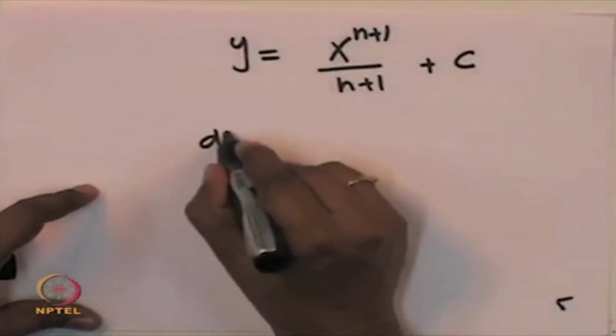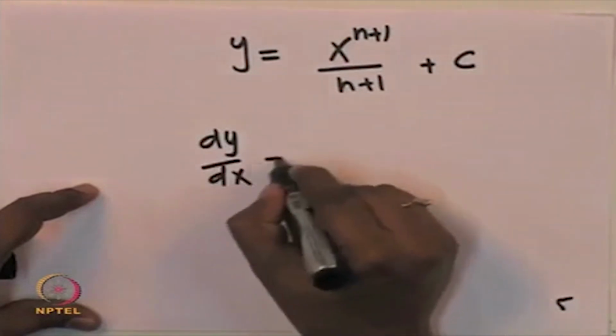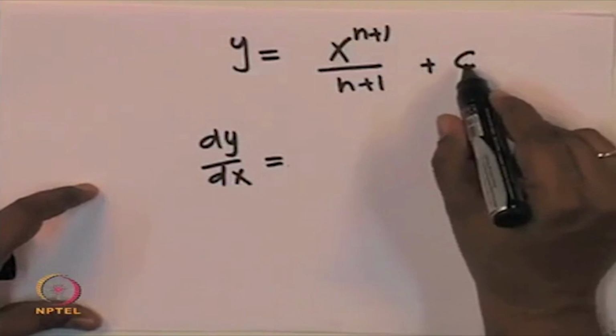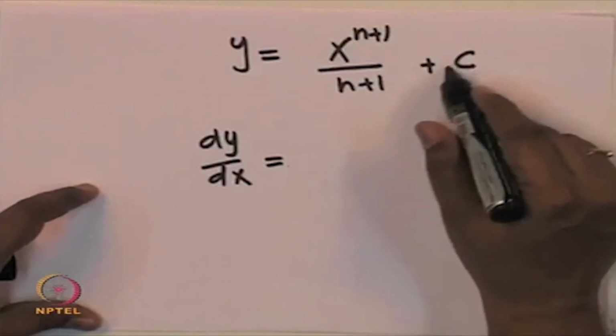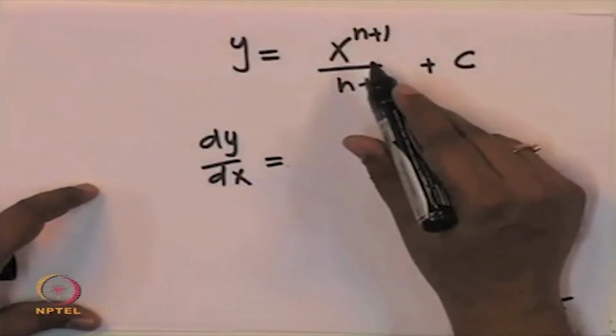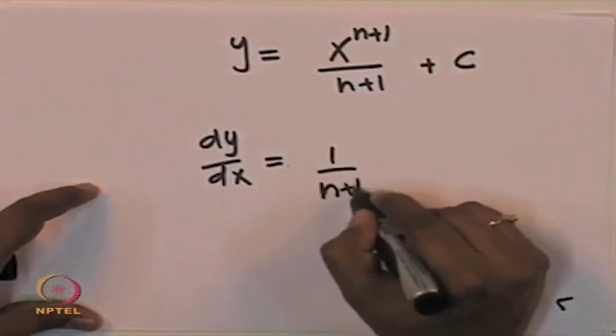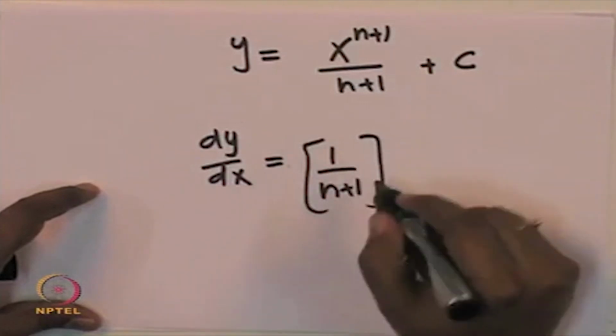What do we get if we find dy by dx? The derivative of a constant is 0, so that is irrelevant. The 1 over n plus 1 is a constant, so let us take it out.